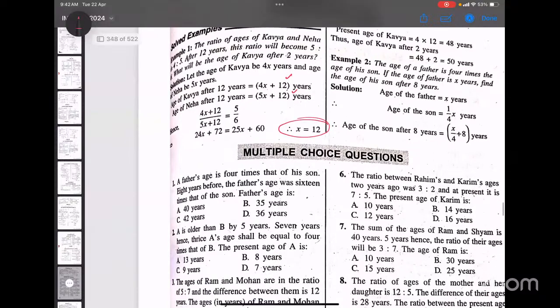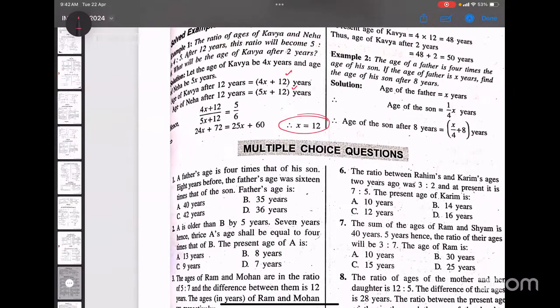Next question is: the age of a father is 4 times the age of his son. If the age of the father is X years, find the age of his son after 8 years. So the age of a father is 4 times the son, which means if the son is X years old, the father's age will be 4x. Yes or no? Because the father's age is 4 times.